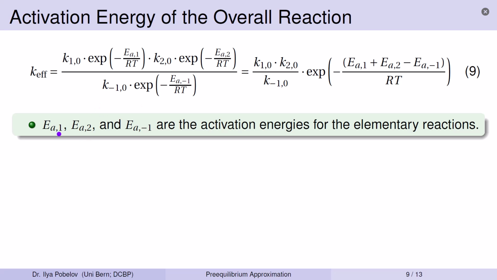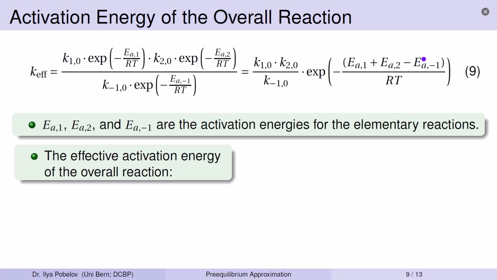Here, EA1, EA2, and EA-1 are the activation energies for the forward and reverse elementary reactions respectively. The effective activation energy of the overall reaction is then the activation energy of the elementary reaction 1 plus the activation energy of the elementary reaction 2 minus the activation energy of the elementary reaction minus 1.